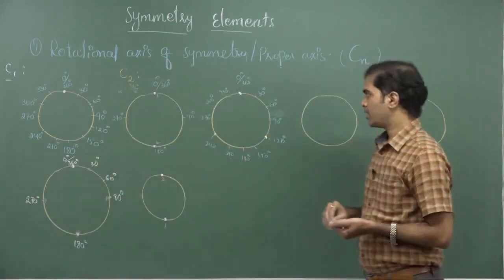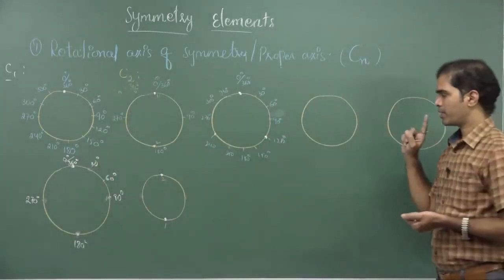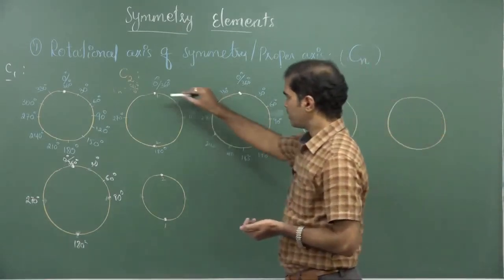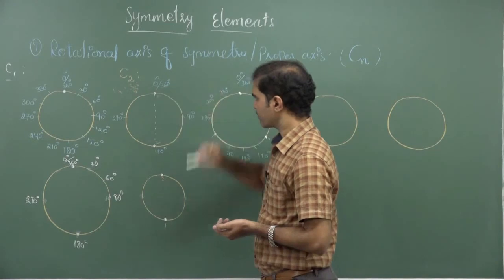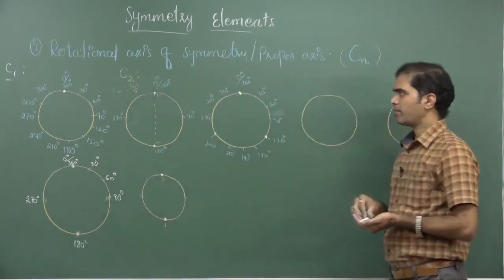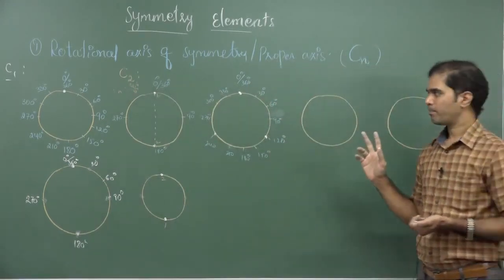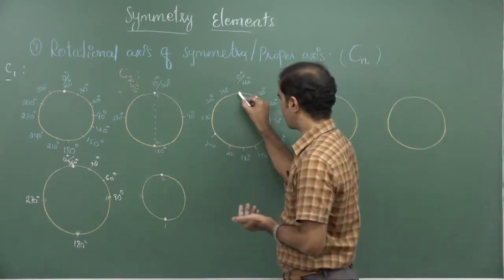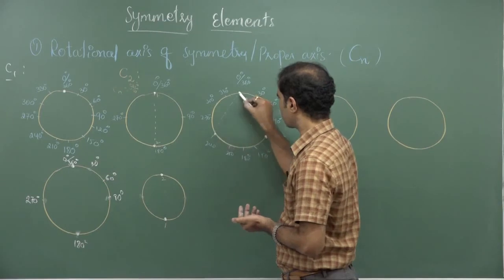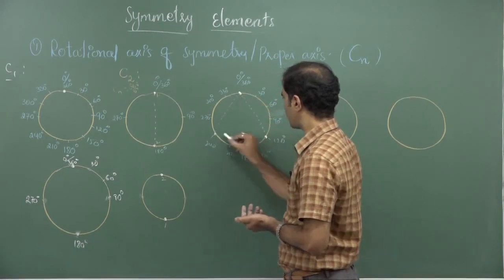Now you can just look at the relation between the 3 points that I have chosen. These 2 points have a linear relation. This will be important when we go to the application part of the symmetry. These 3 points have a triangular relation and all the 3 points are identical. They are not different, they are identical.